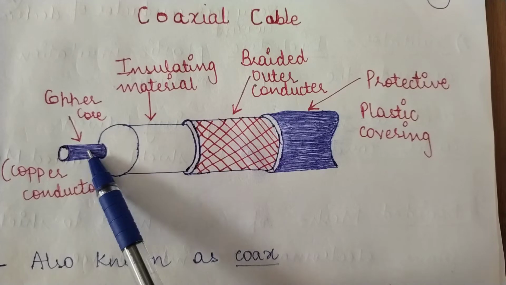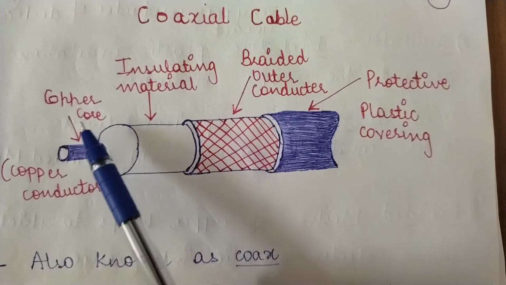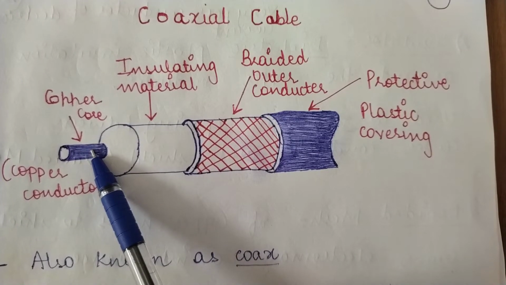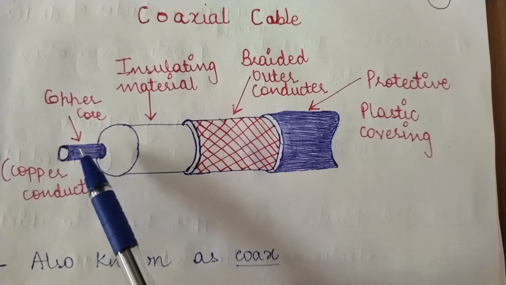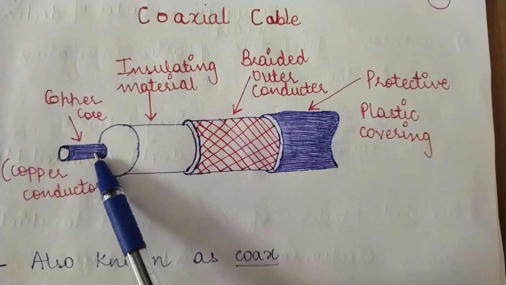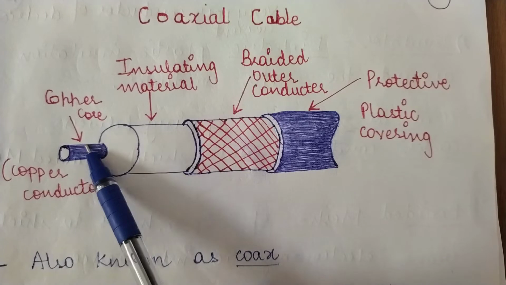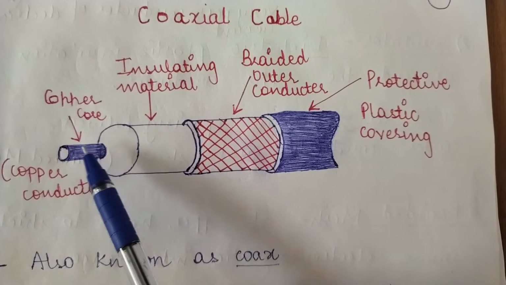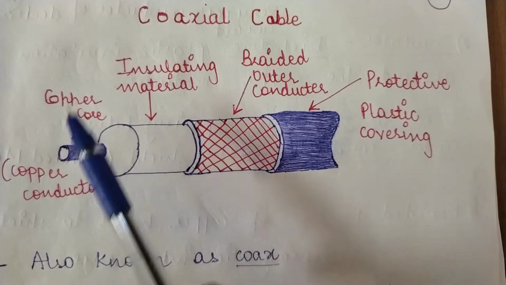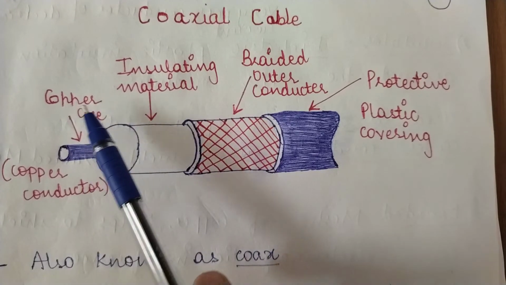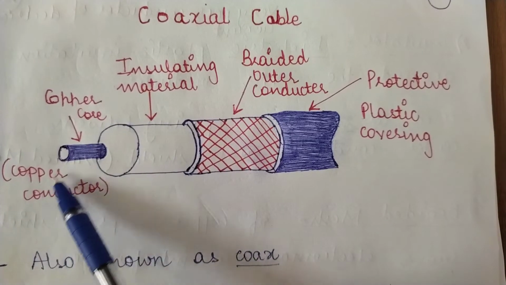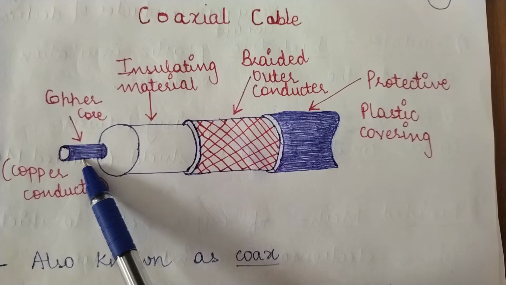The data flows from this copper core, whether it is voice data or video data, whatever the data is, the data would flow from this particular inner conductor, which is made up of copper, hence it is also known as a copper core or copper conductor.